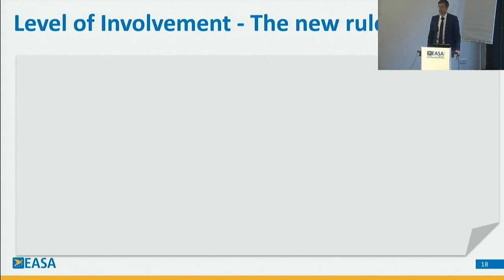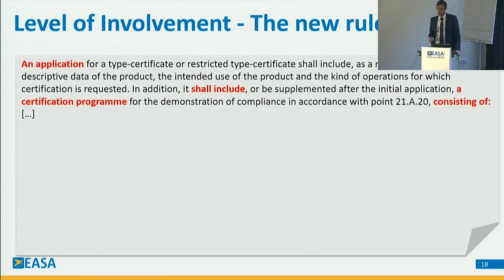Either somebody changes my Part 21 overnight, or indeed I have not read it correctly the last time, or I'm very bad at memorizing things. So I think from time to time it's important to look again into the rule text that we think we know. And I would like to use this opportunity here.